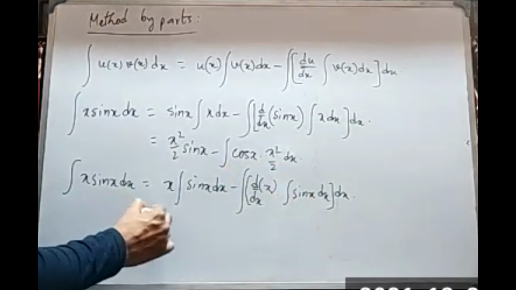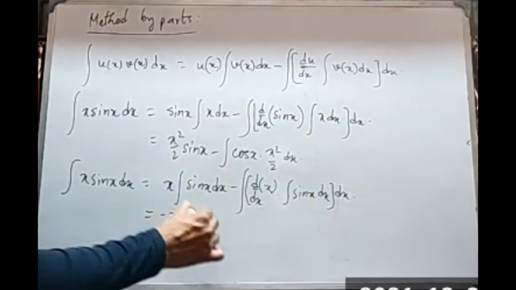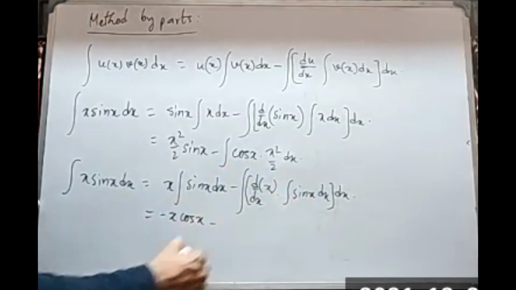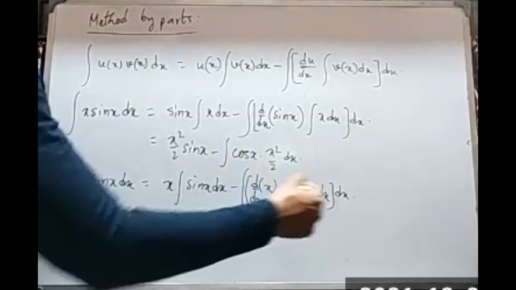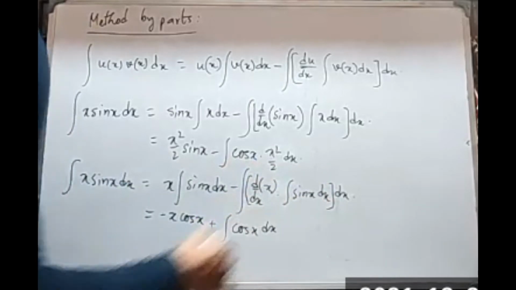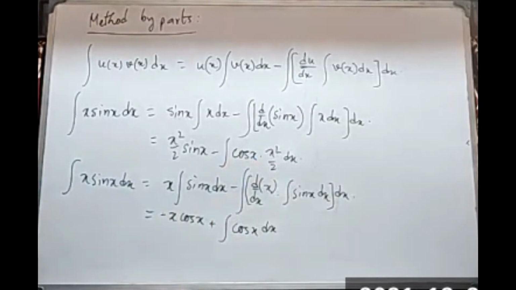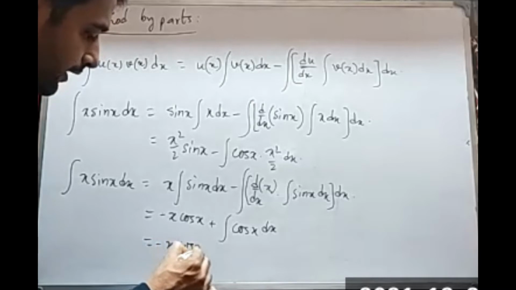Now you see it is coming as minus x cos x minus integration, this is becoming 1, and here it is becoming cos x only. Now see, it is simpler, and in the next line we can just find the value of the integral.